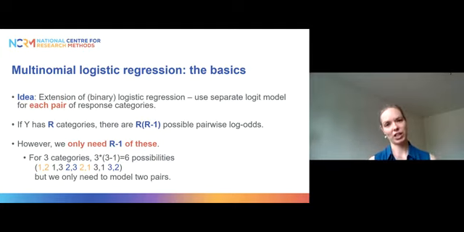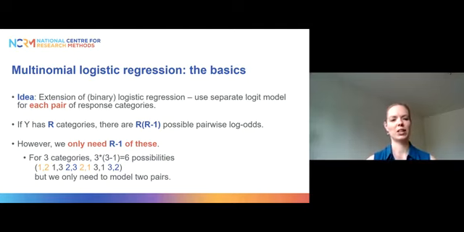So if we have 3 categories in our outcome, for instance if we were interested in whether someone is going to vote for Conservatives, Labour or some other party, we would have 6 different possibilities of pairing them up. So we could pair categories 1 and 2, 1 and 3, 2 and 3, or 2 and 1, 3 and 1, and 3 and 2.